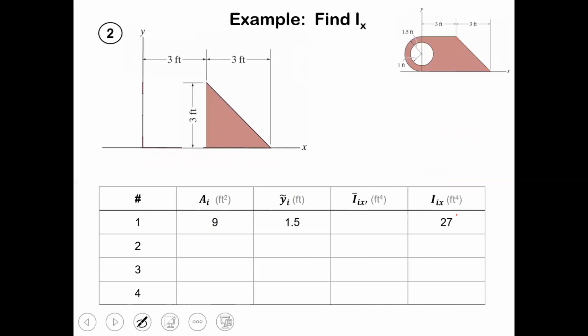Okay, next we're going to look at the triangle, and the triangle has an area A2, which is 1/2 times the base times the height, which is 4.5 feet squared.